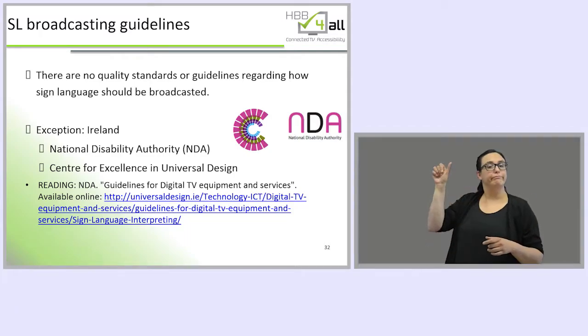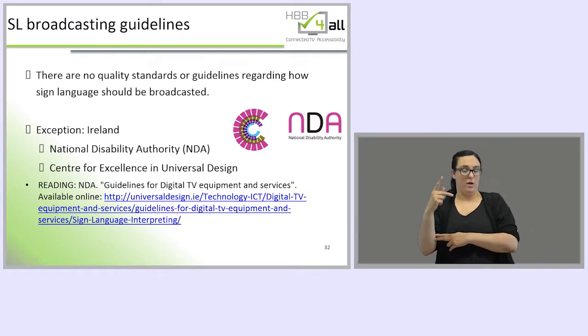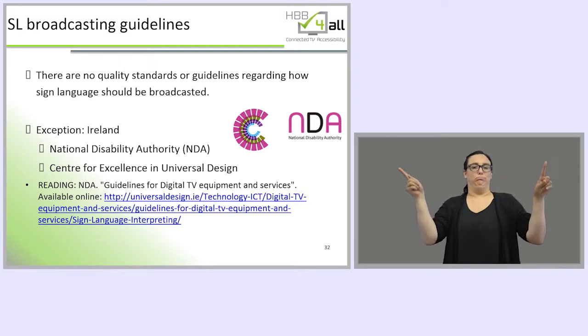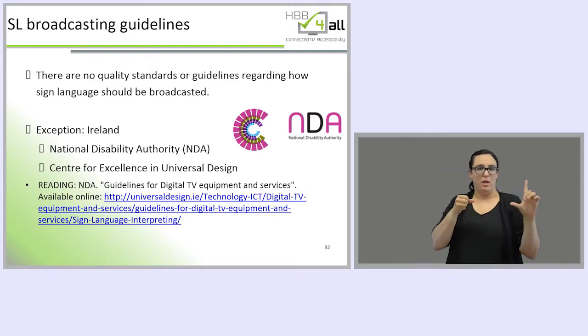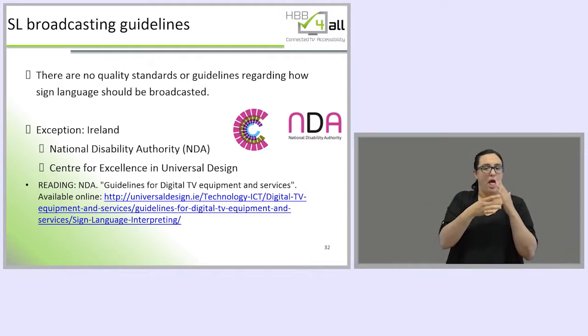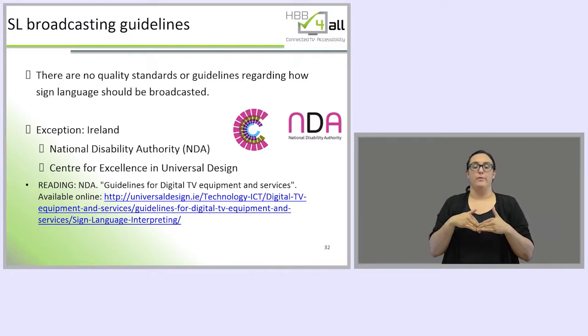Okay, as you have seen in these 2 clips, the one from Korea and the one from the UK, there is a very wide variety in the ways the interpreter is inserted on screen. The truth is that there is no quality standard or universal guidelines regarding how sign language should be presented and broadcasted.